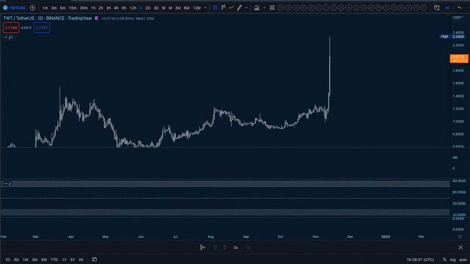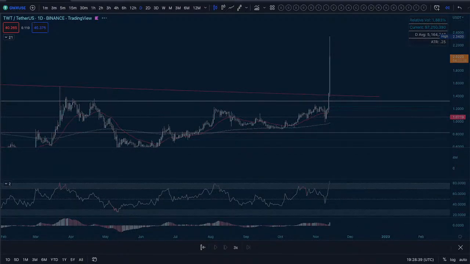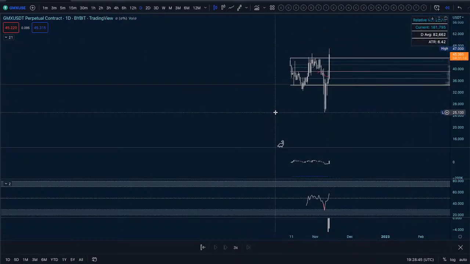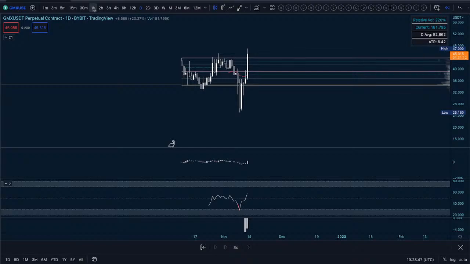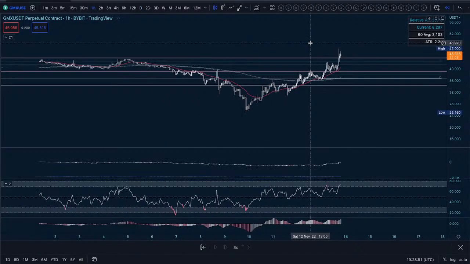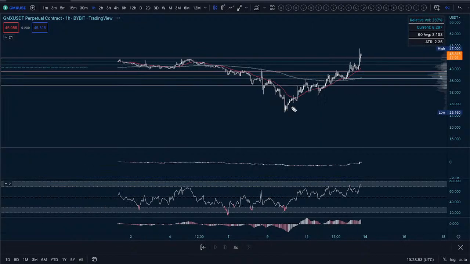Also GMX is one of the DEXs as well. It has been in an uptrend since, right?